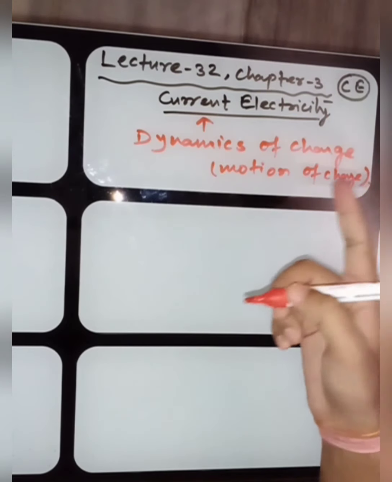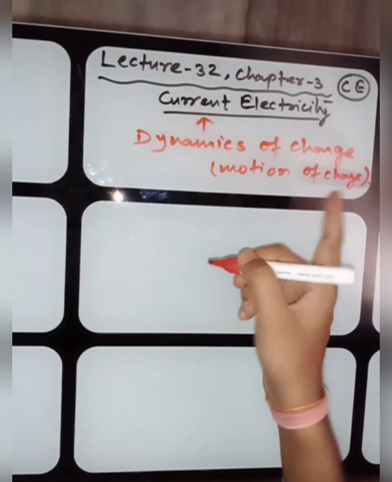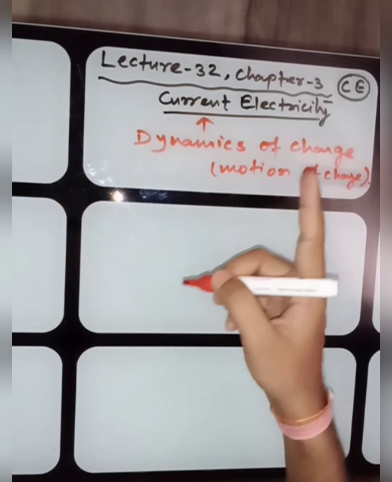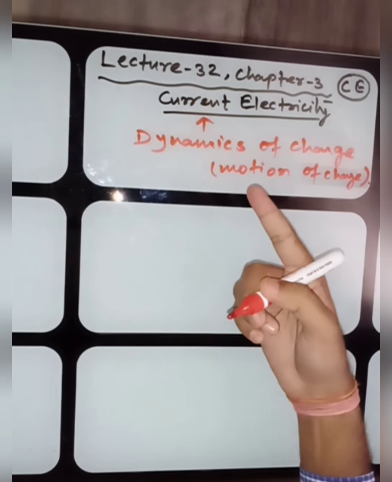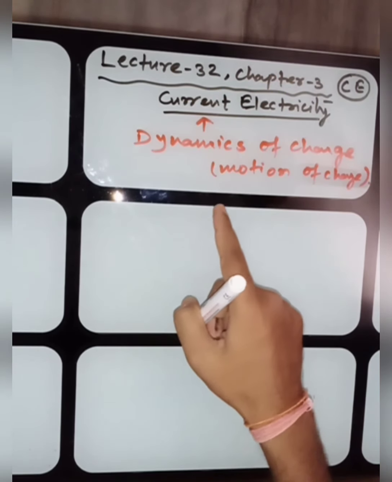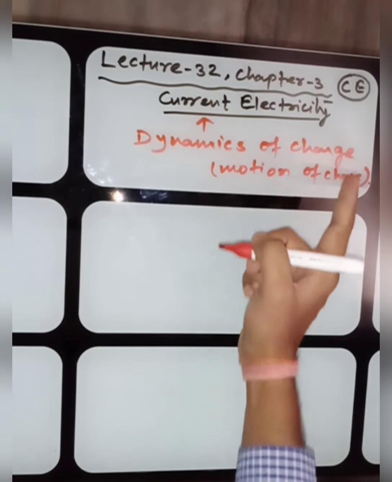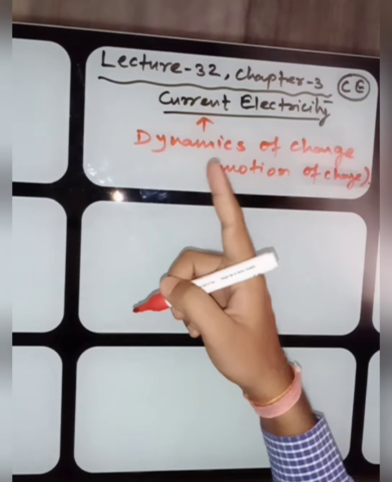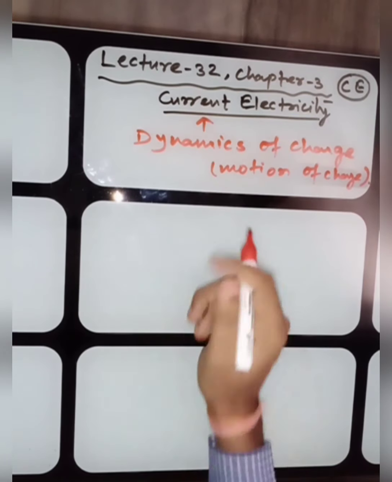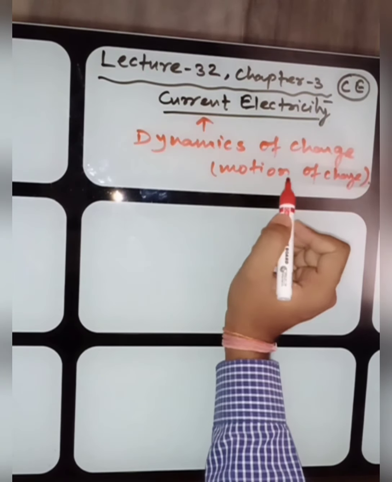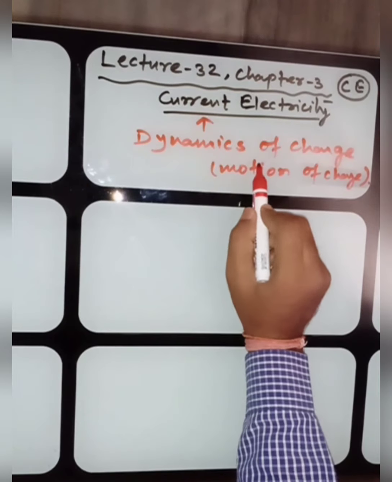In the last chapter we studied that in motion the charge can have constant velocity or variable velocity, but in this case charge produces electric and magnetic field. If it is accelerating, then it radiates some energy. So this one is actually about the dynamics of charge.